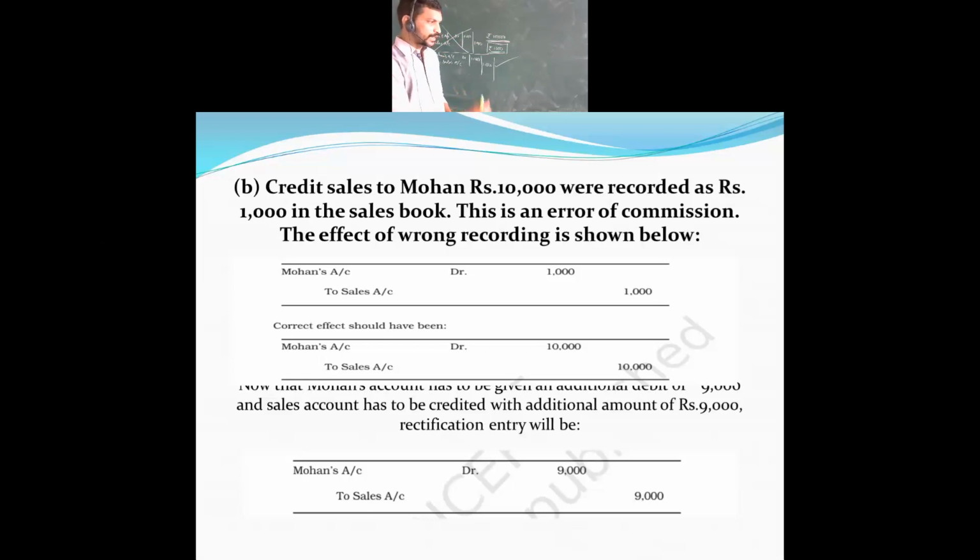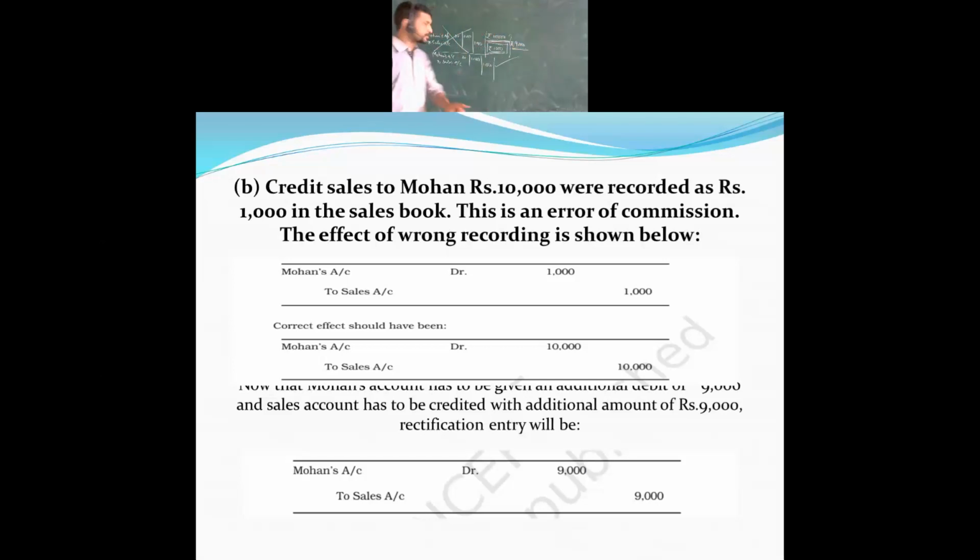Mohan's account has to be given a debit of rupees 9,000. This is a wrong entry which they have made. How much balance is remaining now? 9,000 rupees is the balance.